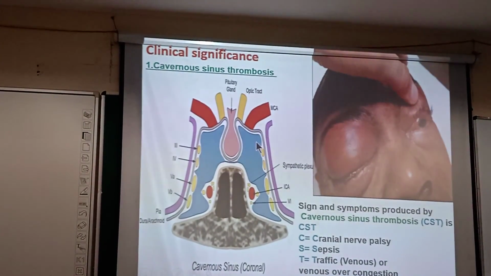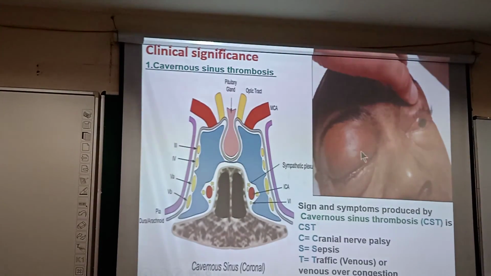When you read the cavernous sinus, the inflow of venous blood from the anterior aspect is through two channels, the superior ophthalmic vein and the central vein of retina. When the superior ophthalmic vein gets blocked, that will lead to overcongestion over the face.